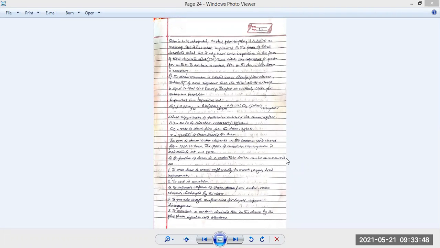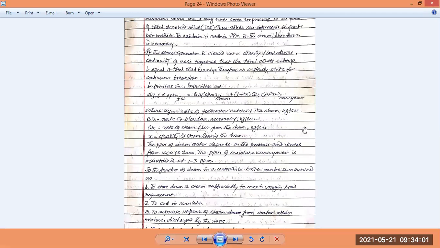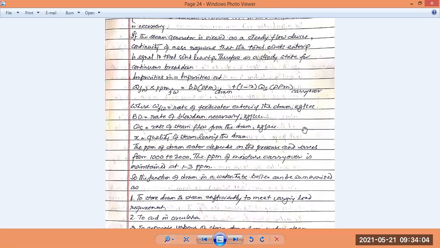Generally, the water which is being used in other parts of the boiler itself may have 1,000 to 2,000 parts per million, ppm, of deposit inside it, and that you are supposed to reduce to only 1 to 3, almost nothing, parts per million.